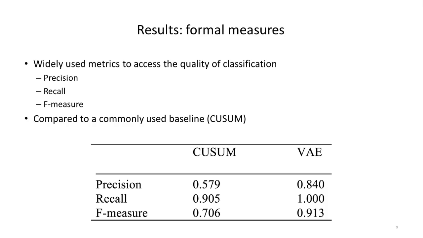So we need something to balance these two, which is the harmonic mean of these two values, and this is what F measure is basically. So here you can see that our VAE-based anomaly detection model actually outperforms CUSUM in all of these three metrics, which is quite nice.